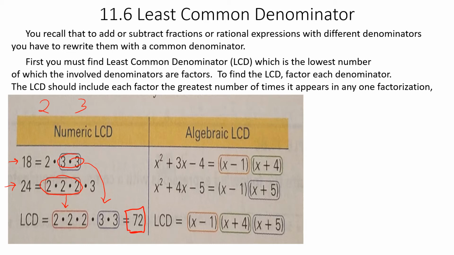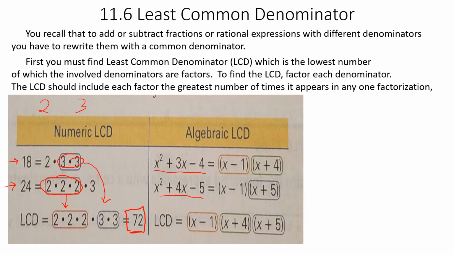And it works the same way with algebraic expressions. If you were given two polynomials, which we've got here, you factor them, which they've done on the right-hand side. Then to find the LCD, you take one of each type of factor and list it the greatest number of times that it appears.